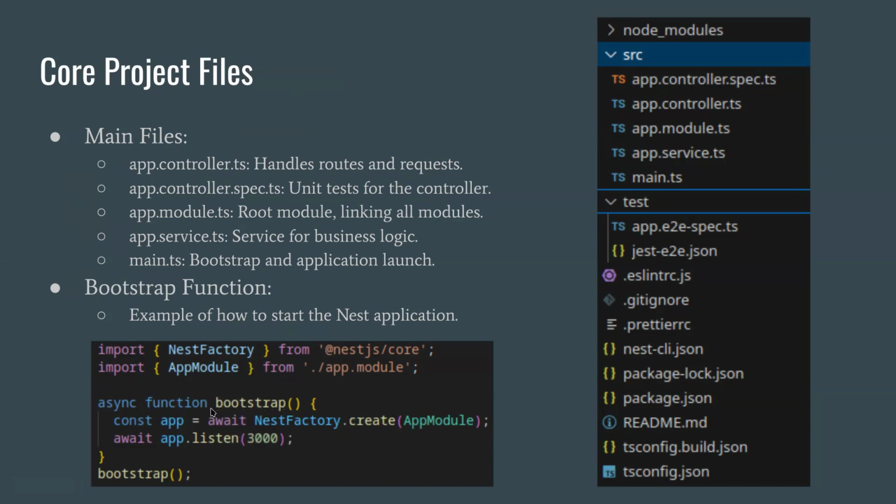We have this async bootstrap function, and this will call create from Nest factory, provide app module as a parameter, and it will listen to the port number of the app.